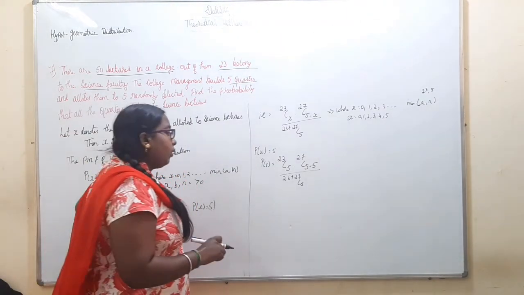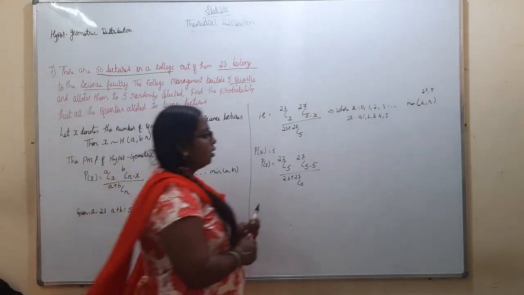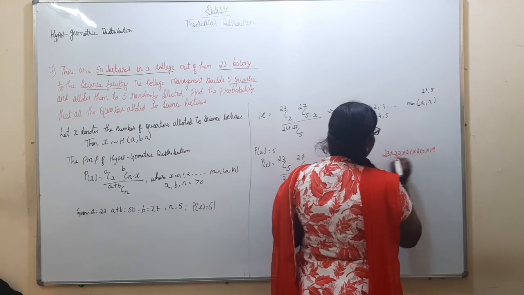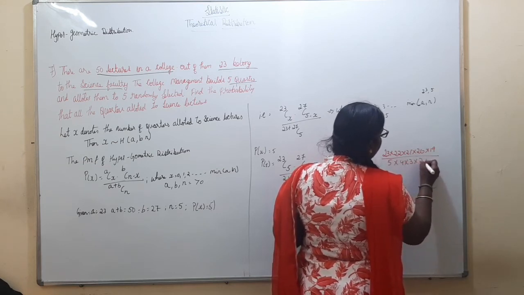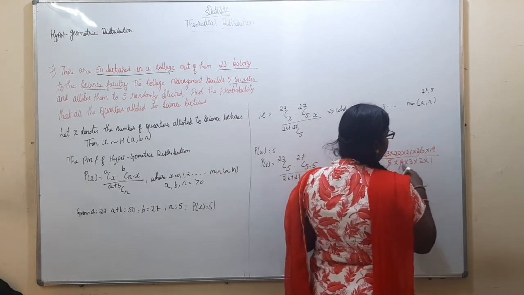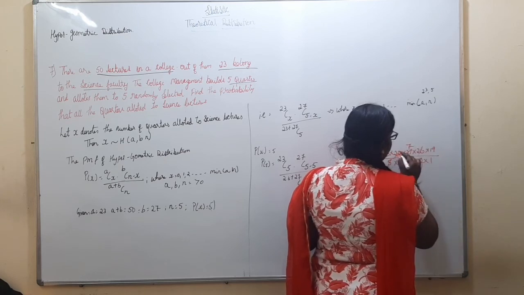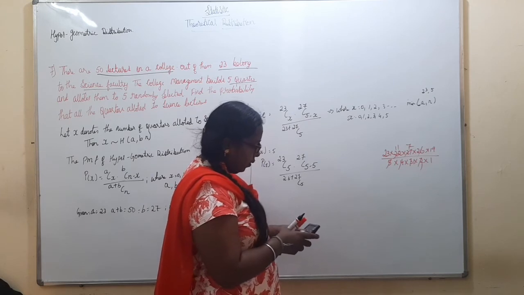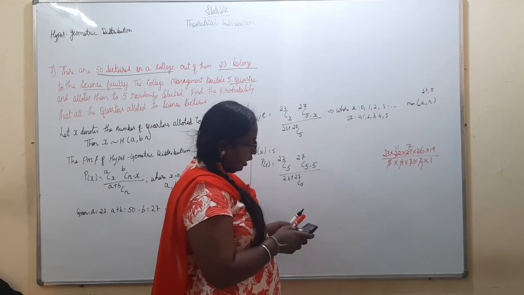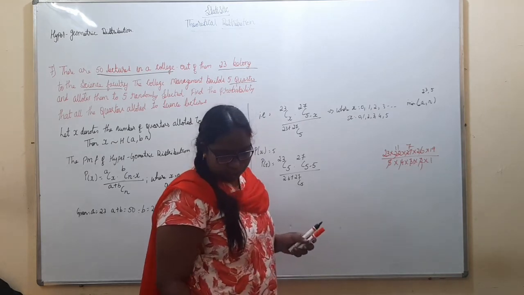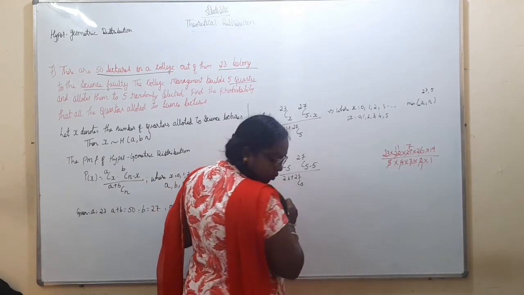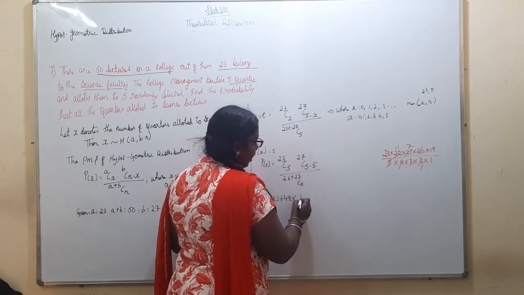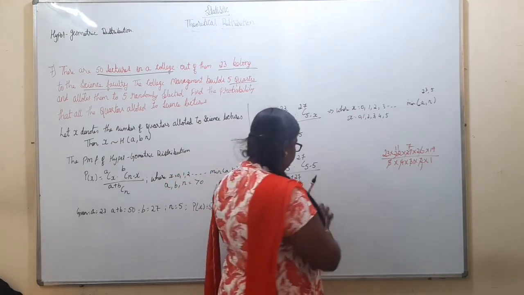Now here 23C5: 23, 22, 21, 20, 19 over 5, 4, 3, 2, 1. 20 will get cancelled, and the others cancel out, so I will remain with 23 into 11 into 7 into 19. I will get 33649, and 27C0 is 1, so anything times 1 stays the same, divided by 50C5.